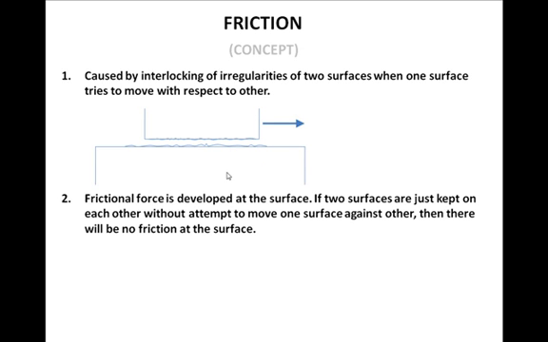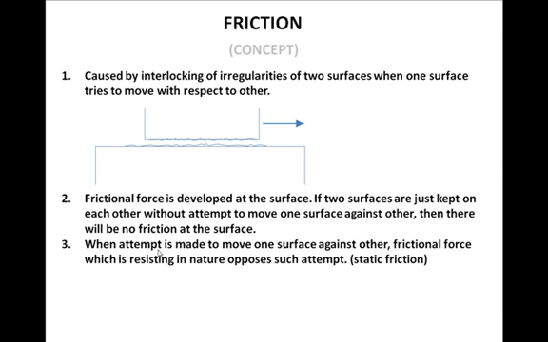What is important is that frictional force is developed at the surface, and if two surfaces are just kept on each other without an attempt to move one surface against the other, then there will be no friction at the surface. I just keep it. I don't try to move it. Let's say this force is 0. Then even if there are irregularities, even if the two surfaces are in contact, there is no friction.